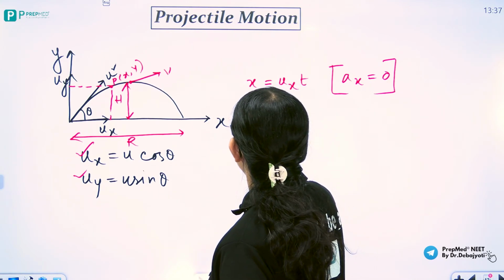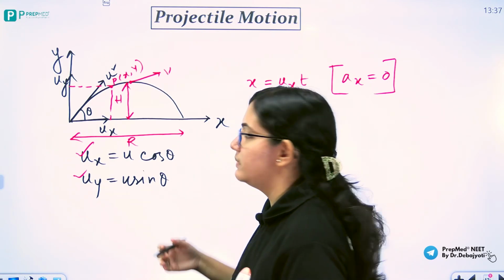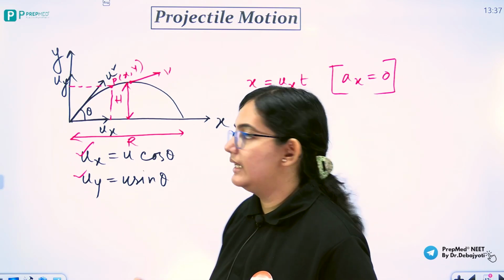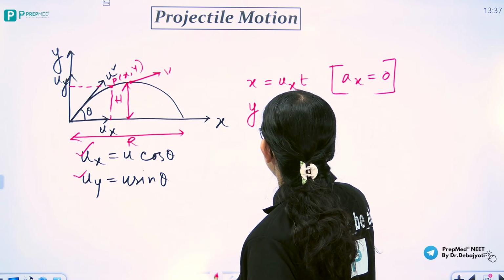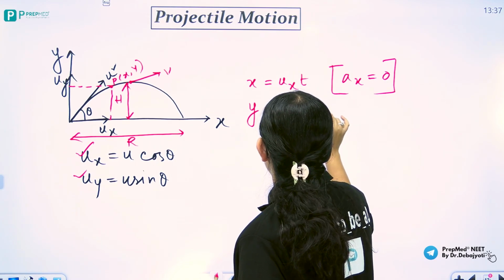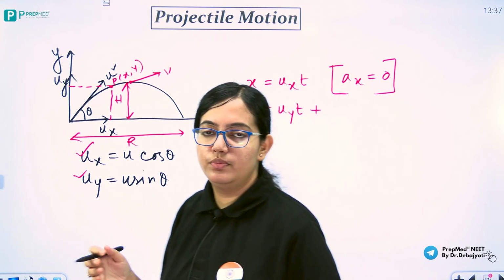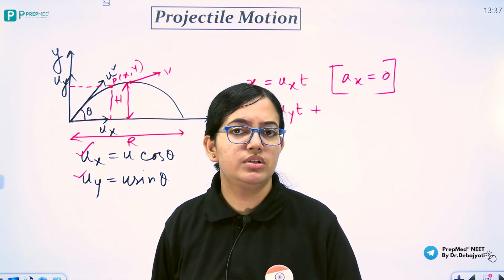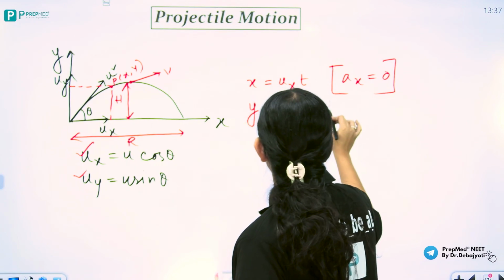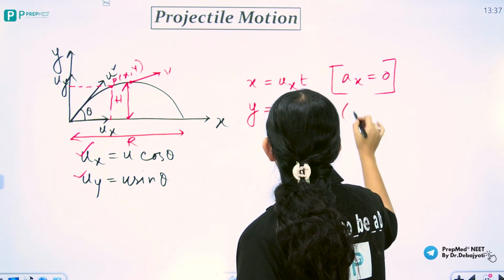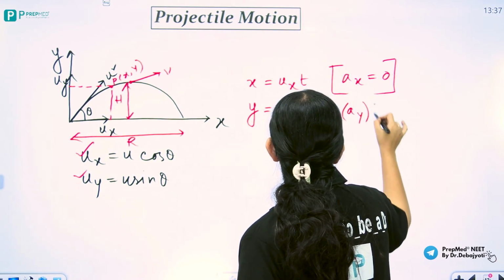In the case of y, the displacement along the vertical y-axis, what can we write? We can write uyt plus, from the equation of motion s equals ut plus half at square, half ay into t square.